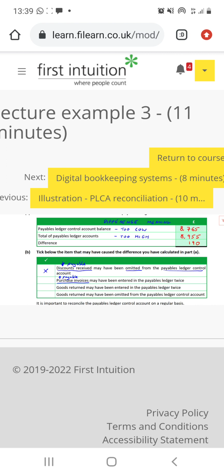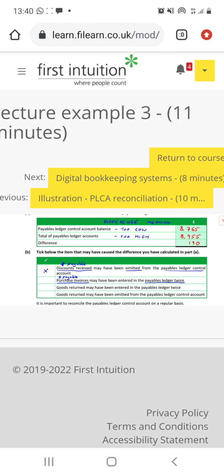Now, they're suggesting that they may have been entered into the payables ledger twice. Well, if you do that, what that means is that list of balances will be too high, because you've not just recorded down the purchase invoice as you should have done, you've then done it again, meaning that you've got too much sat in there as being owed to suppliers.